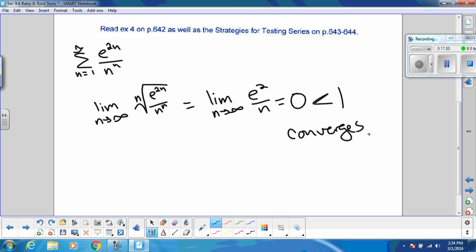So the next thing is to search for, is the series one of those special types? Is it geometric or p-series, telescoping, or alternating? So you have to be really good at recognizing those. If it's none of those, then you can also check, can you use the integral test?